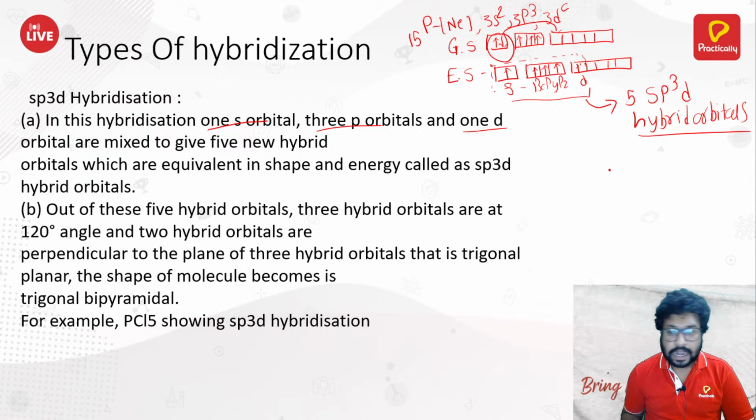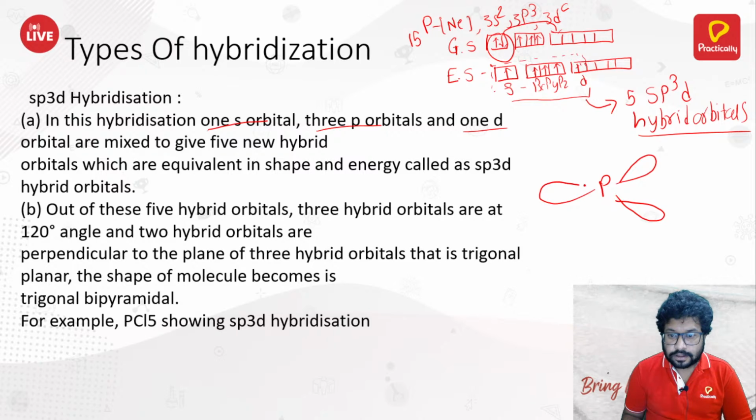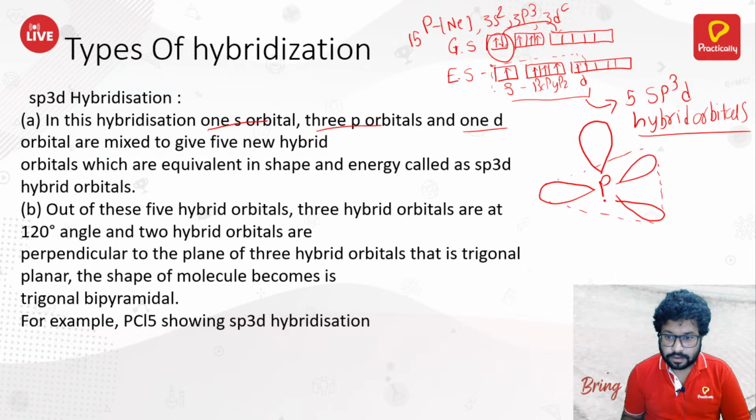Now how does it look like? It looks like this. These are 3, and they are trigonally planar arranged. Then you have these 2.